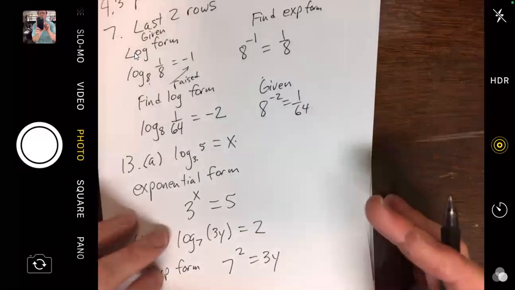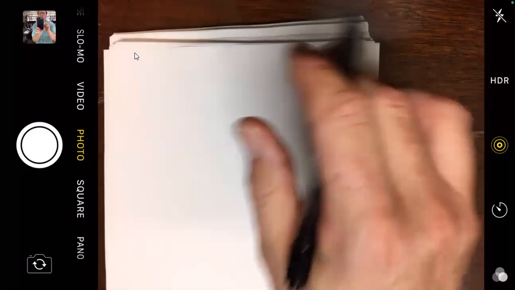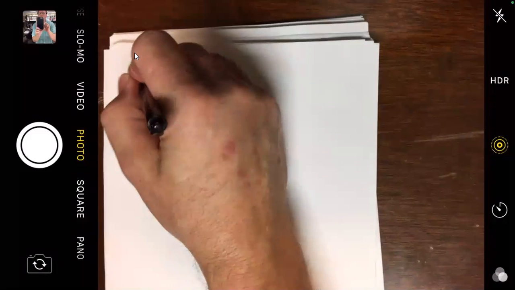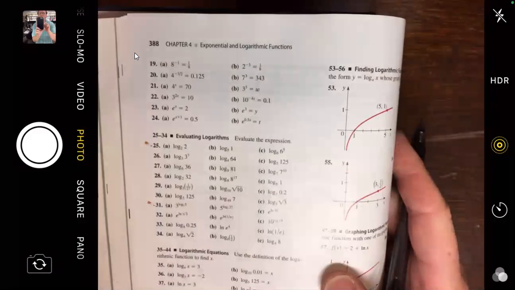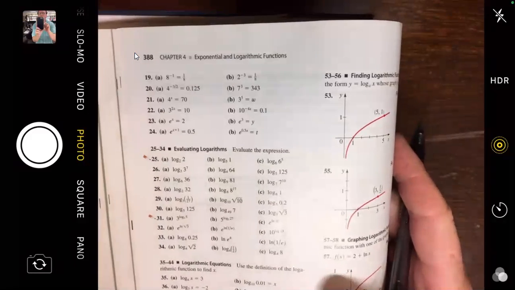Let's do the reverse then. Let's try page 388. We try one like 21. 4 to the x equals 70.